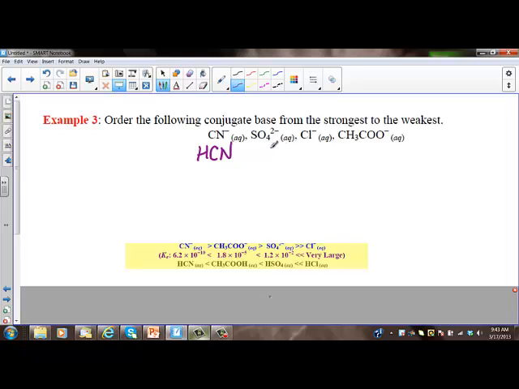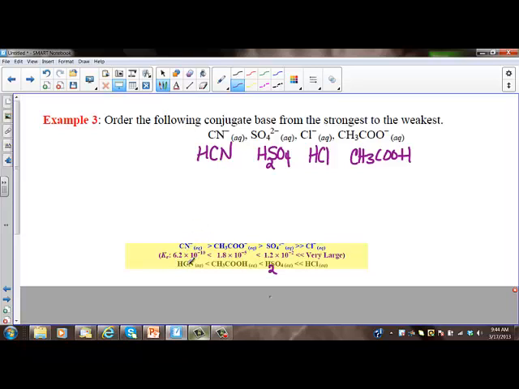SO4 2 minus came from H2SO4, this one came from HCl, and this came from acetic acid. This actually should be H2. Yeah, I think this has got to be H2SO4. If this is 2 minus, I think this is a typo down here.